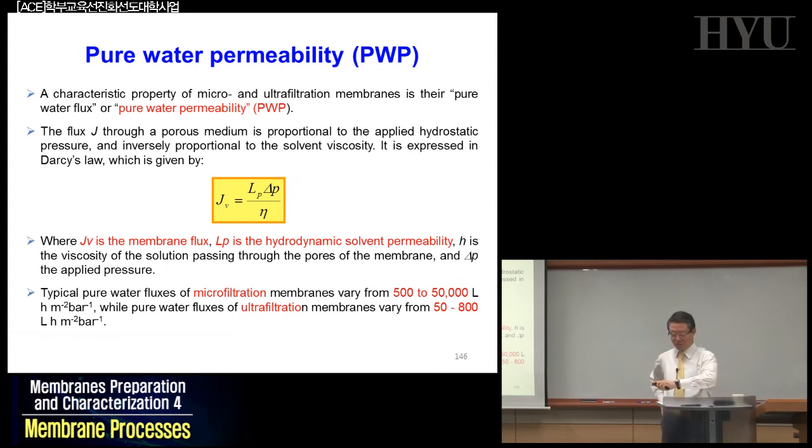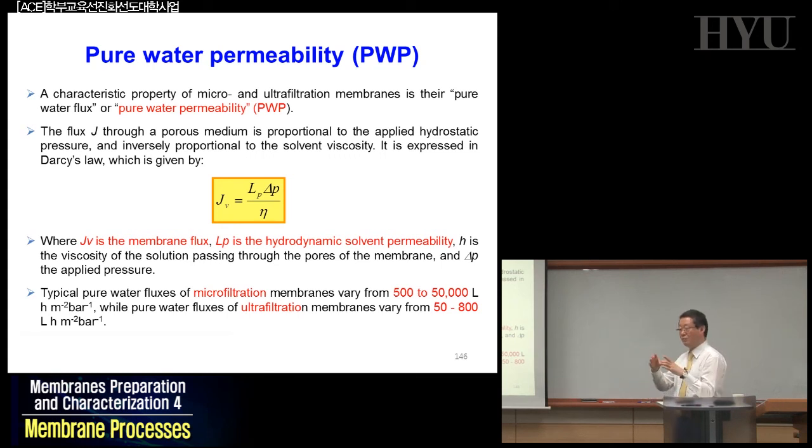So let me describe the difference between permeability and flux. Permeability and flux are different because permeability is a property of the membrane itself, whereas flux is dependent upon your applied pressure.